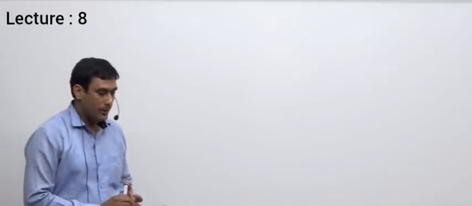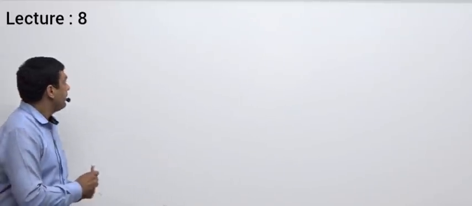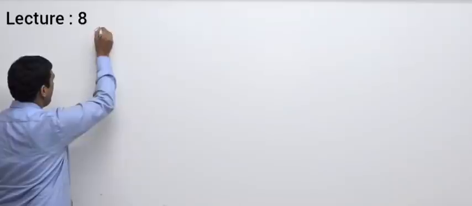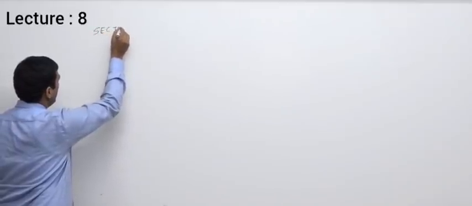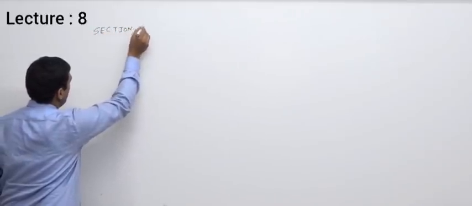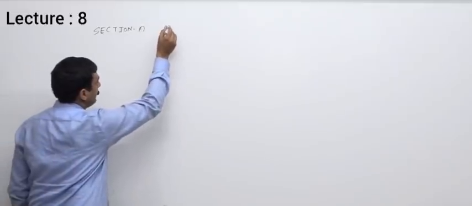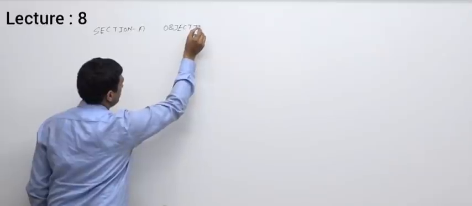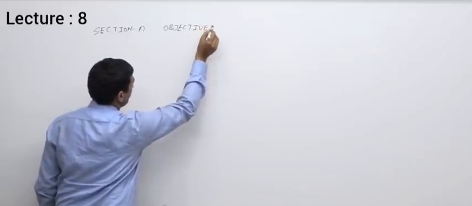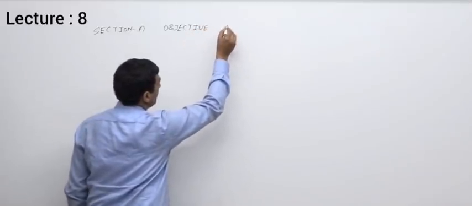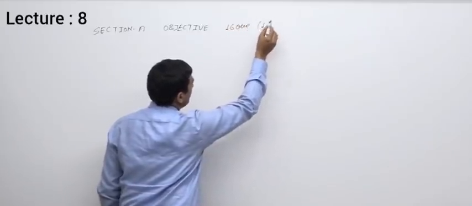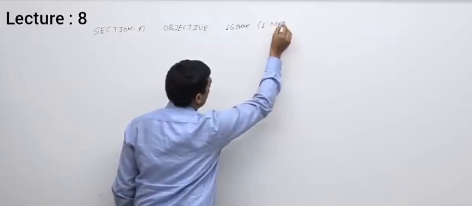in the board exam. There are four sections. Section A is objective type questions. There are 16 questions, each containing 1 mark.